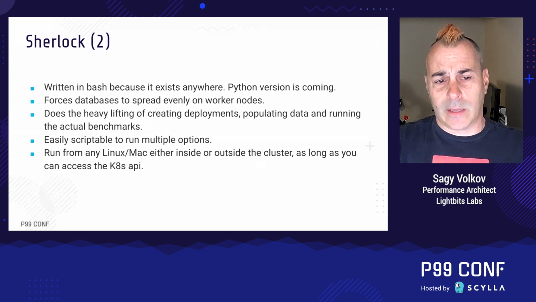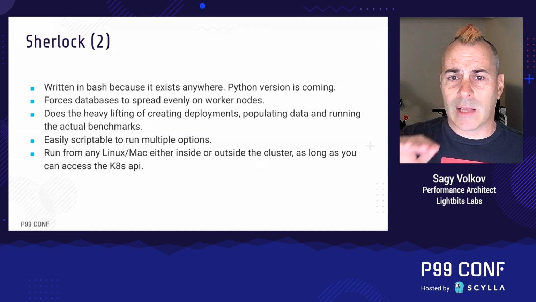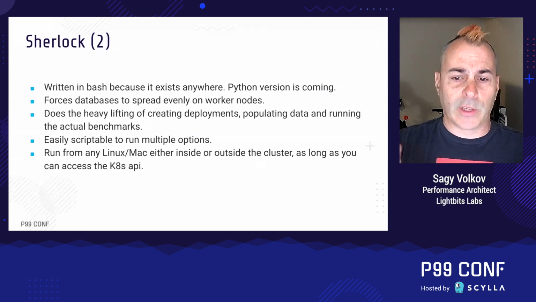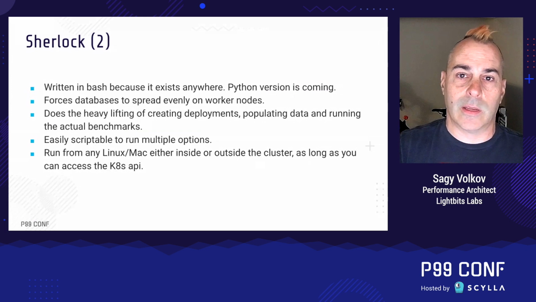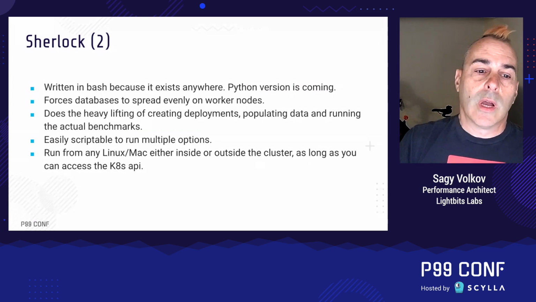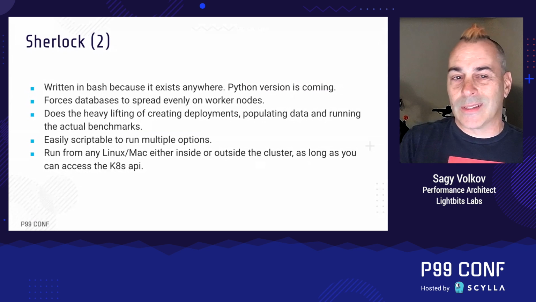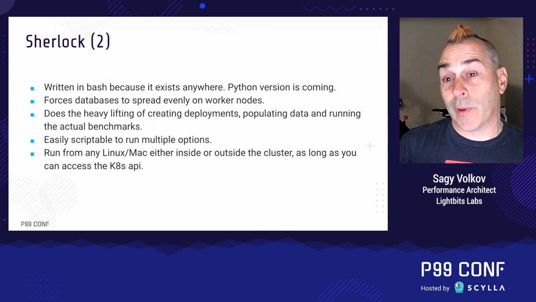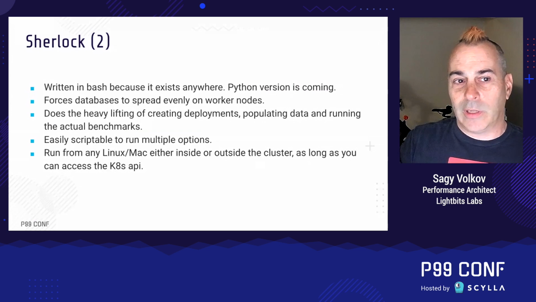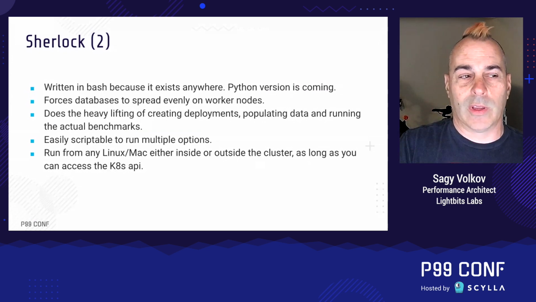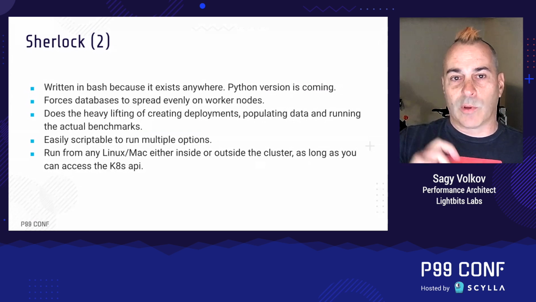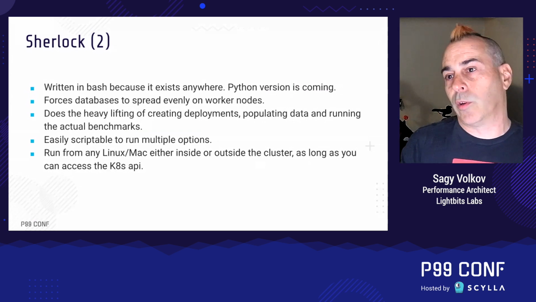Sherlock, as I earlier mentioned, does the heavy lifting of making sure that it's not only easy for you to deploy all your databases, populate the data or insert the data into it, and then run the actual workloads, but it also doesn't count on the Kubernetes scheduler to schedule all the database pods equally. So when you create the databases, they are created in a serial fashion in terms of how to push them into the worker nodes in Kubernetes.